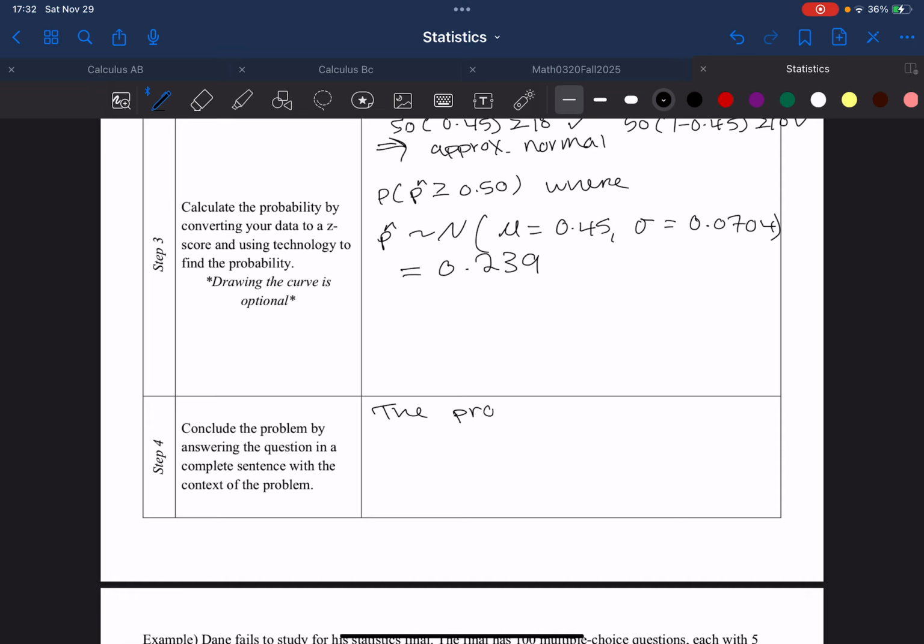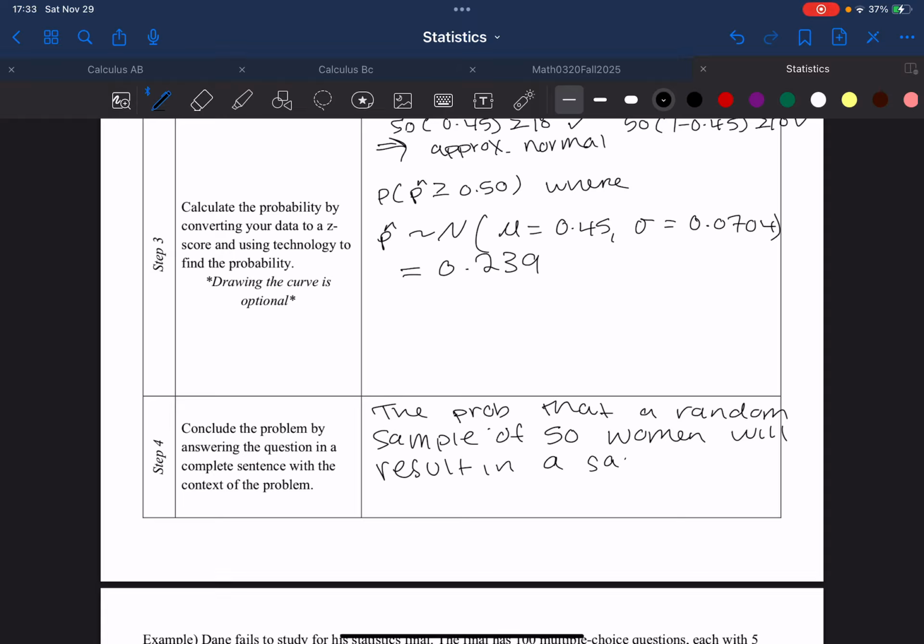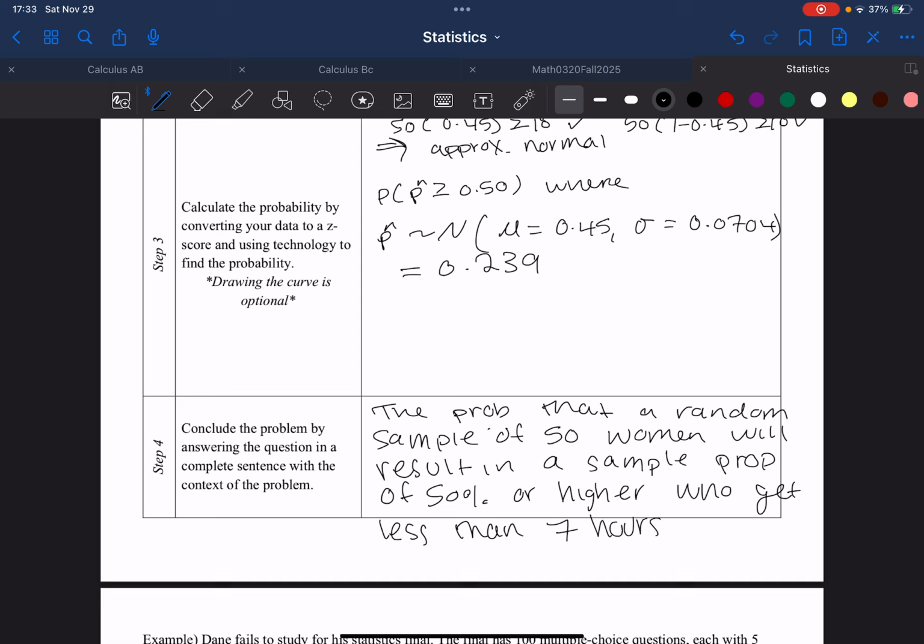So the probability that a random sample of 50 women will result in a sample proportion of 50% or higher who get less than 7 hours of sleep is about 23.9%.